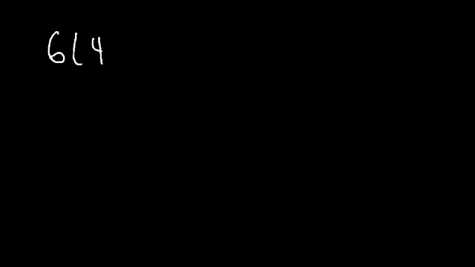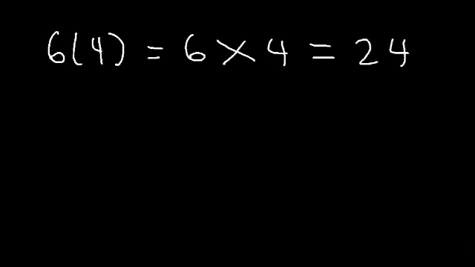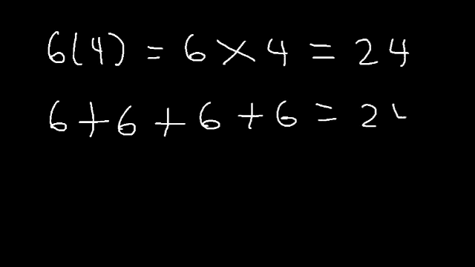So what's 6 times 4? 6 times 4 is 24. If you add 6 4 times, you get 24. Okay, so at this point, make sure you have the multiplication table memorized, and then once you do, try this quiz.